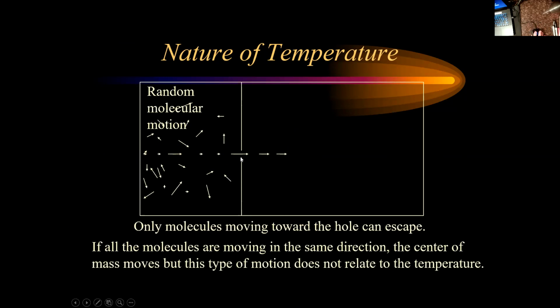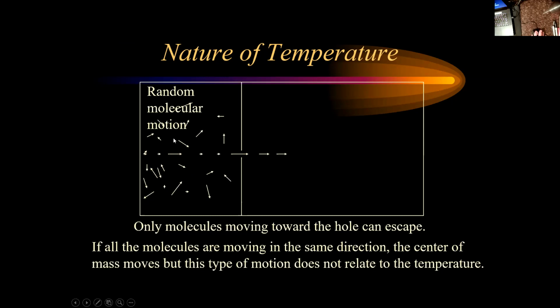So this opening allows the molecules that were traveling toward it to go out. So when they first come out, they're all uniform, moving in the same direction. They're not moving at the same speed. If they were moving in the same direction at the same speed, the temperature would actually be absolute zero instead of 2 degrees Kelvin.